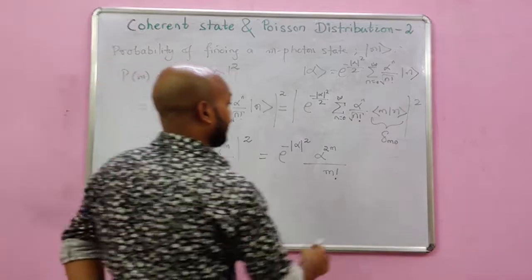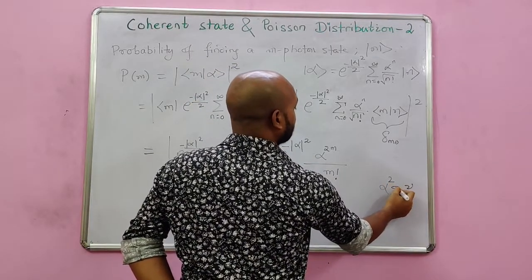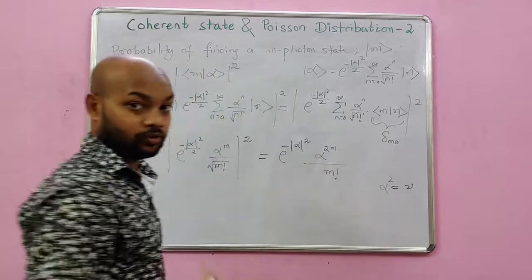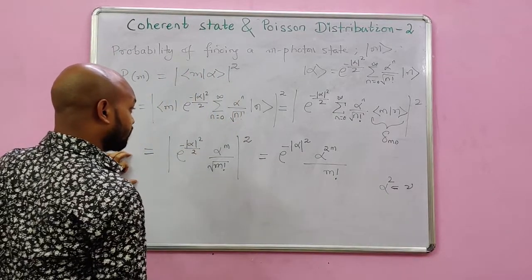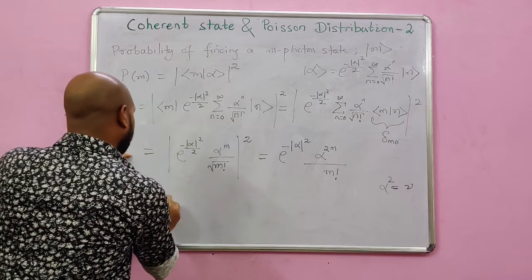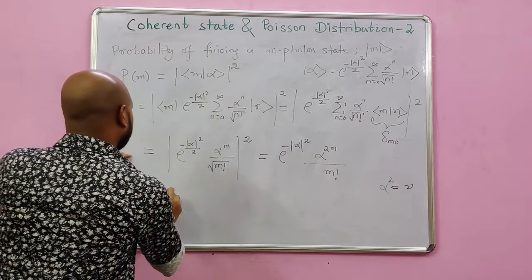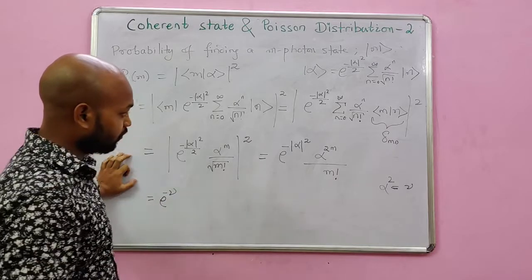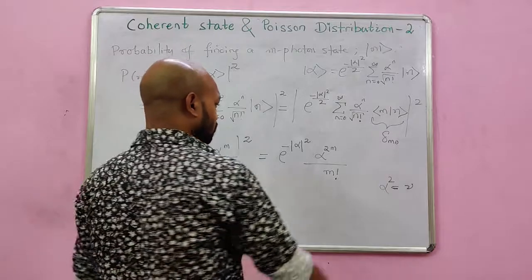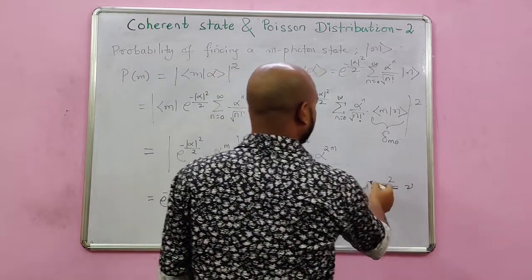Let's take alpha mod square to be some nu. If I take alpha mod square equals nu, then I could write e power minus nu.